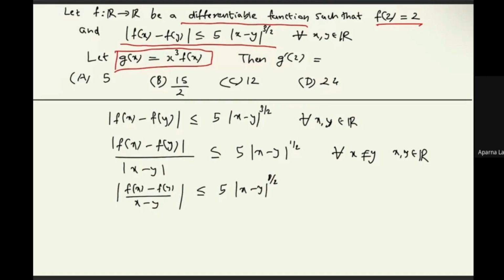Will it give any idea about the derivative of f at some point or any point? We can find the derivative at x. How do we find it from this inequality? If we take y tends to x, then the left hand side will give mod of f dash x, and the right hand side will go to 0.